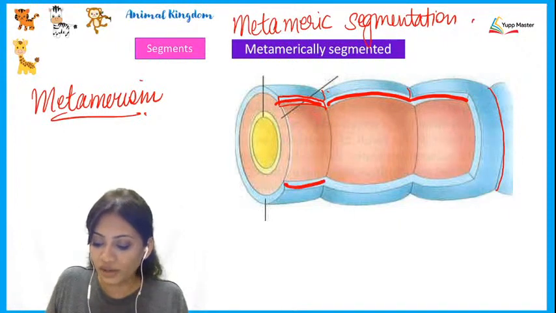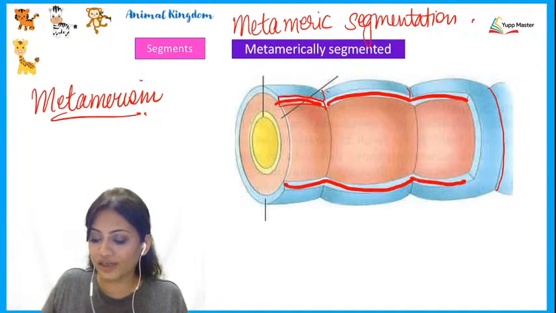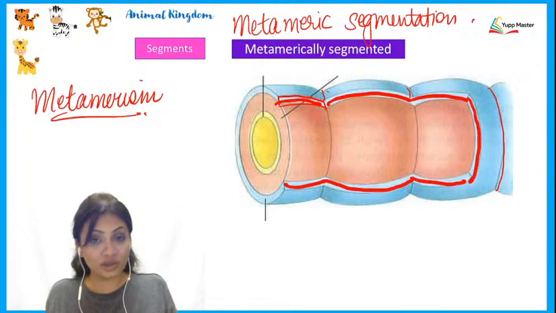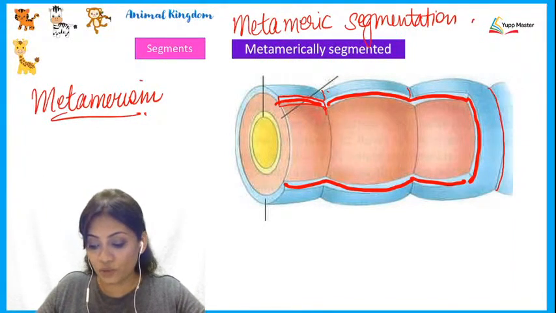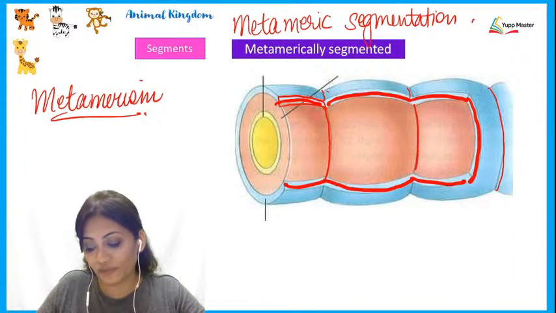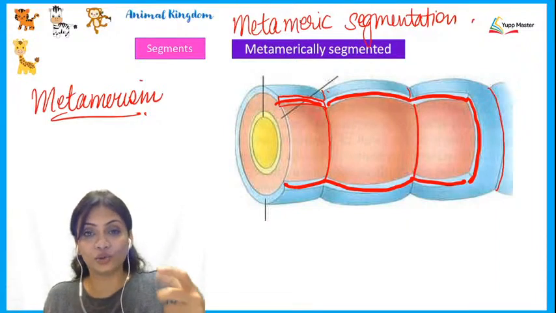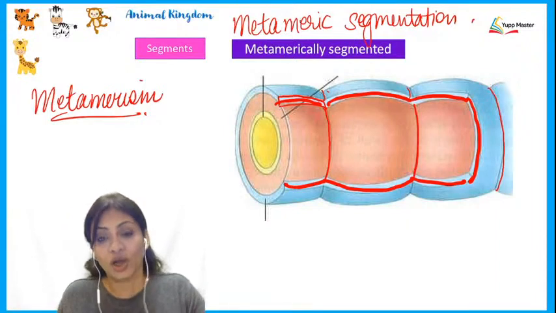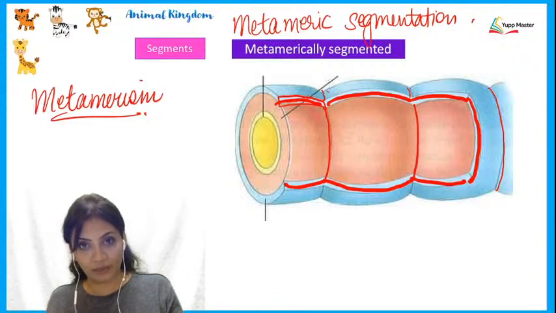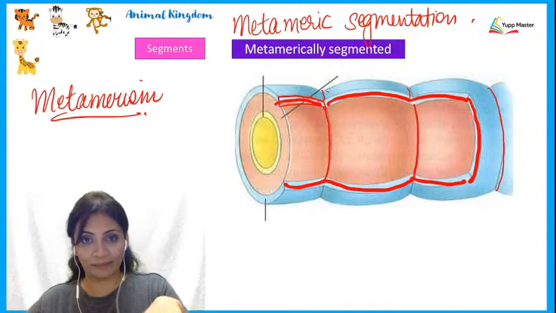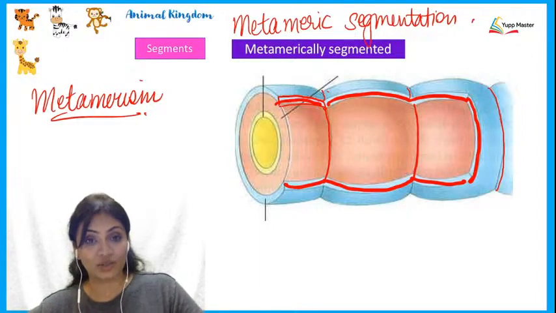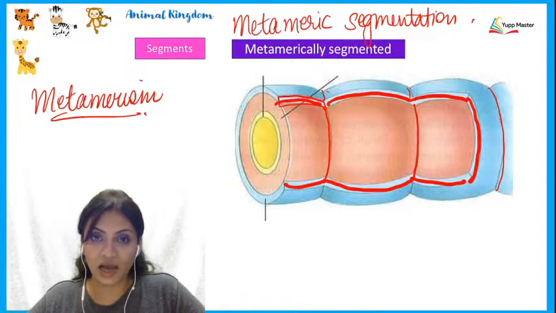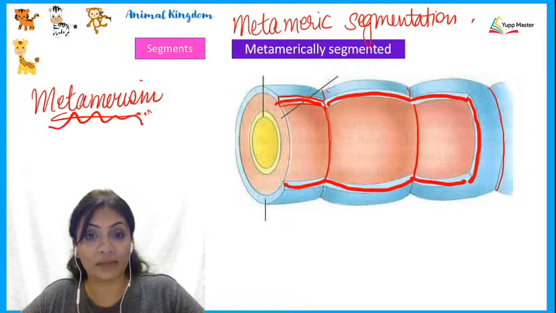On removing that external surface, you can see that the internal part of the body is also in similar segments, just like you have it externally. Because the internal segments are located in the same manner, we can say that these animals are metamerically segmented.